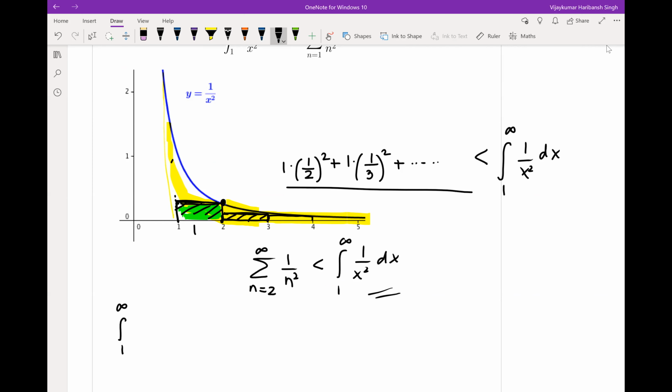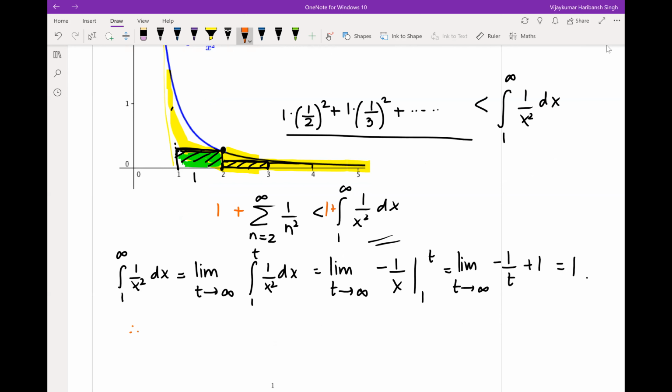So if I add 1 on both sides here, I will see that summation n equals 1 to infinity of 1 by n square is less than or equal to 2.